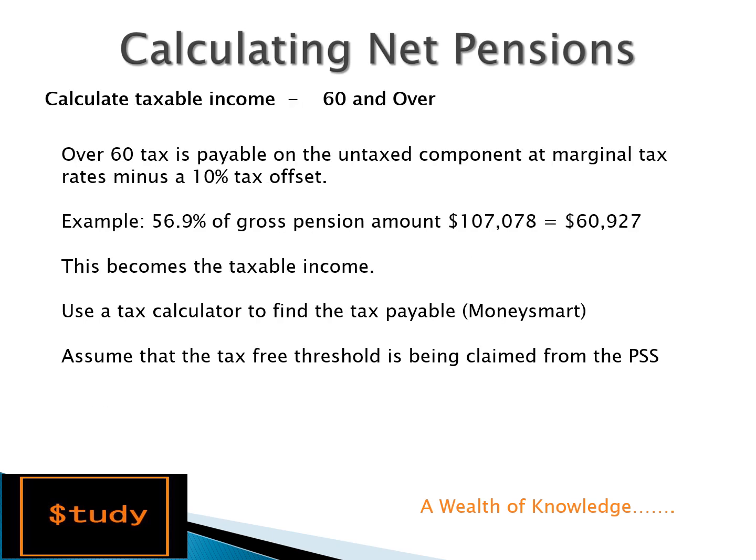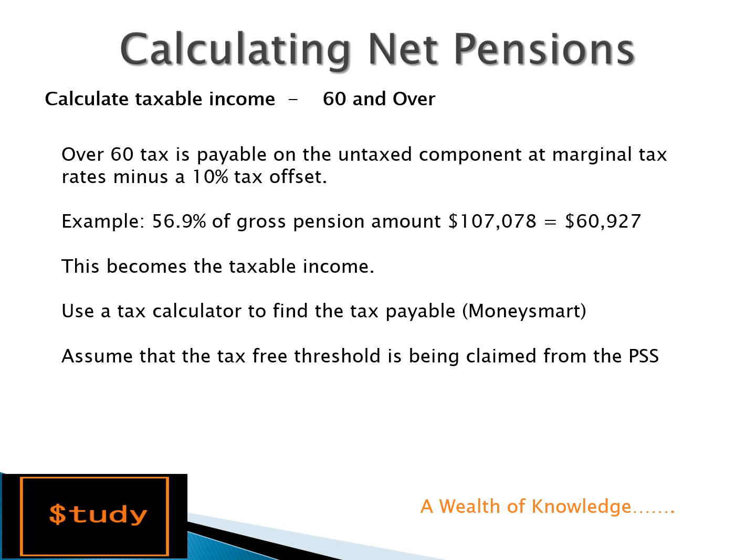Then what it comes down to is we saw off the chart on the previous episode that when you're over 60, taxes are payable on that untaxed component at normal marginal tax rates, but you are provided with what's called a 10% tax offset. So let's step our way through this little scenario.